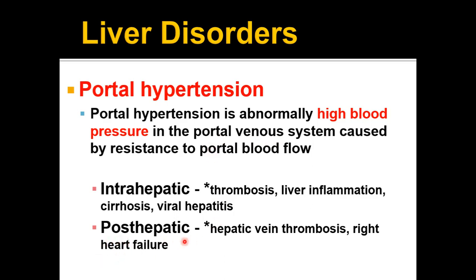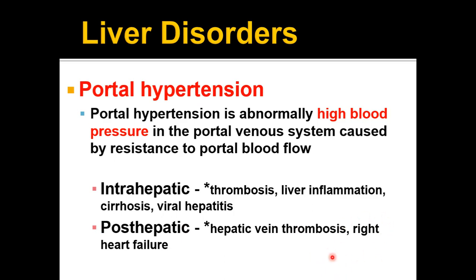Or we could have post-hepatic portal hypertension, meaning that there's a problem with the hepatic vein. This is the vein that drains the liver and sends that blood on into the inferior vena cava. So if there's a thrombosis there, blocking the flow of venous blood exiting the liver, that would be a post-hepatic portal hypertension.